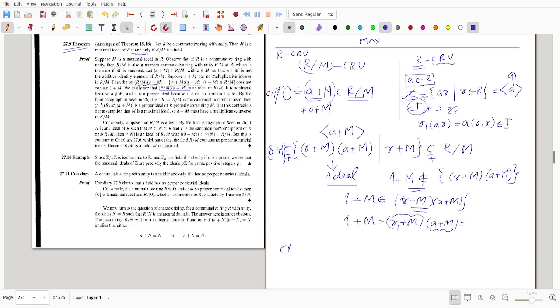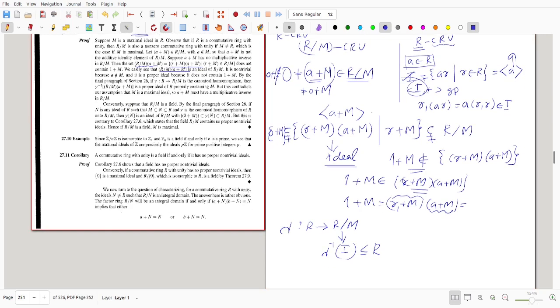Then you consider the canonical homomorphism gamma from R to R over M. For every ideal here, gamma inverse of I is an ideal of R. If you call this ideal I, then gamma inverse of I is an ideal of R which properly contains 0 and is properly contained in R. Because this is not equal to the whole ring R over M, by taking the inverse image we will not get the whole R, because this map is onto.